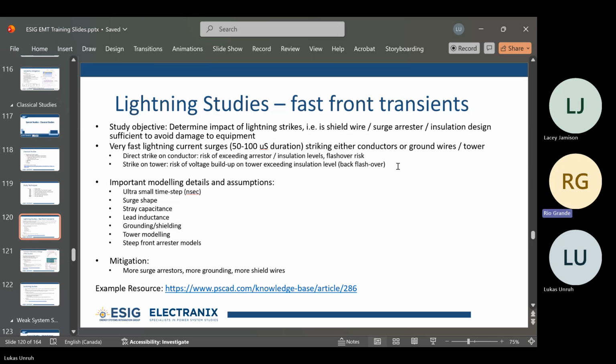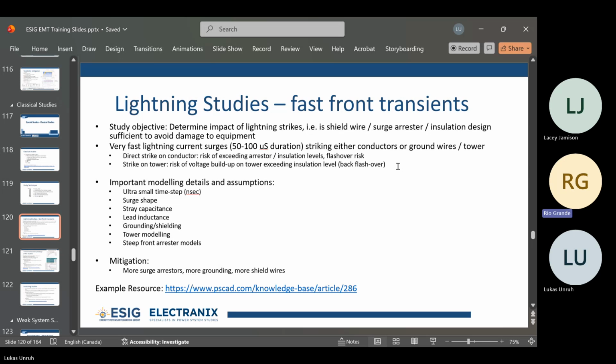But there is still a lot of debate over which shape is realistic and which isn't. For example, a strike on the tower is typically going to be a much higher current strike compared to a strike on the conductor. That's just the way lightning works, basically. Can't do anything about it. And so surge shape makes a big difference for these types of studies.